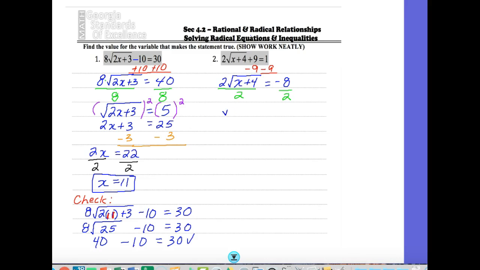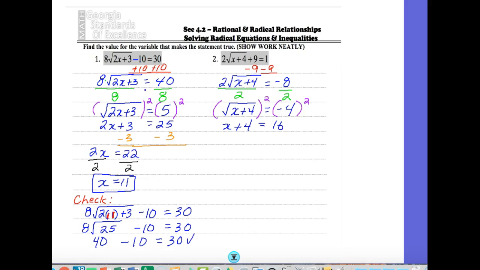And we're left with the square root of x plus 4 equals negative 4. Well, remember, to undo that square root, we square both sides. Square that negative 4. Now we're left with x plus 4 equals 16.